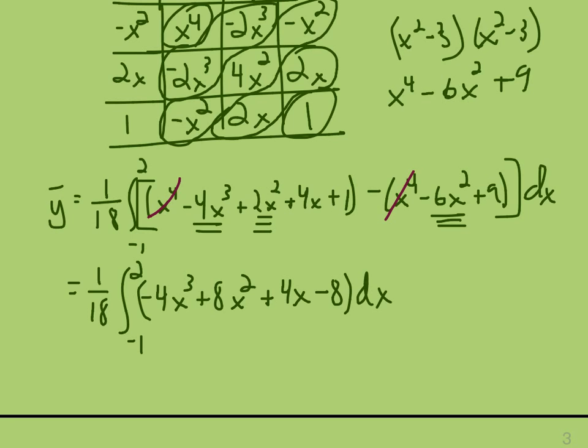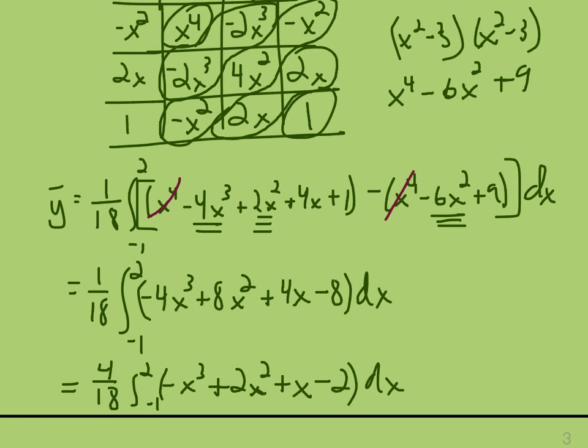So before we do that, let's do what we should have done in the previous questions, but factor out a factor of 4. 4 over 18 from negative 1 to 2, negative x cubed plus 2x squared plus x minus 2.